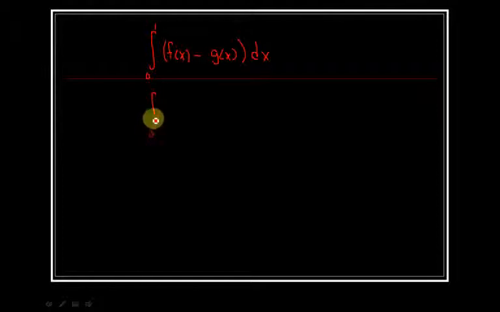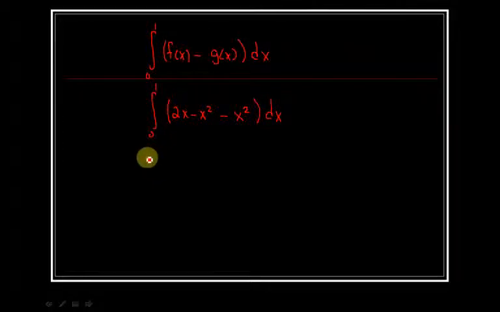Substituting in for f of x, since we know that f of x is 2x minus x squared, minus g of x, which is minus my x squared, all multiplied by dx. I can combine these terms, and I'm actually going to split the integration now into two different integrals.